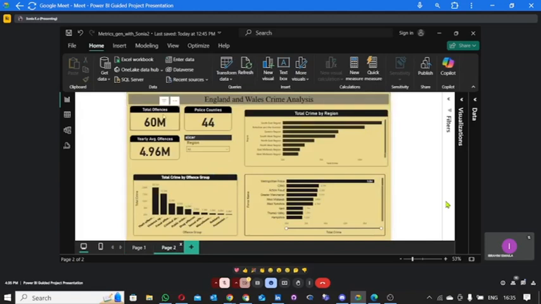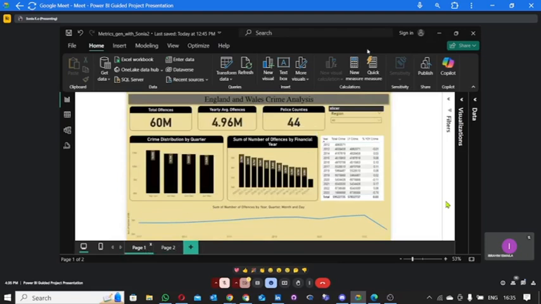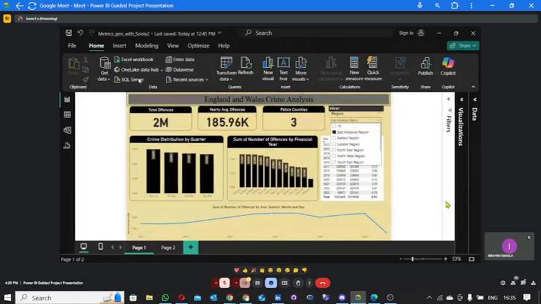So here is still my header and my KPIs. Sorry, before I forgot to use my slides. We'll notice here that there's a relationship. If I choose a region, for example the West Midland region, we notice that there is a change in all these visualizations.